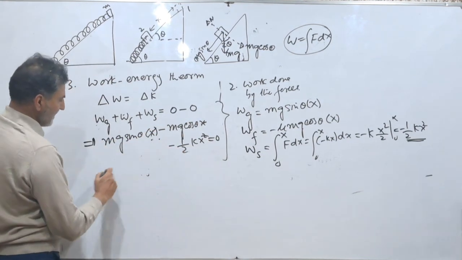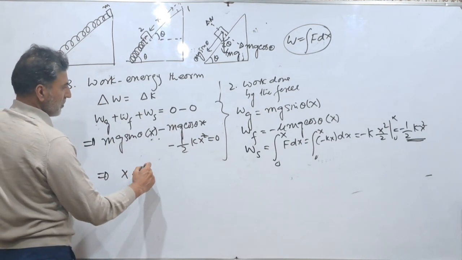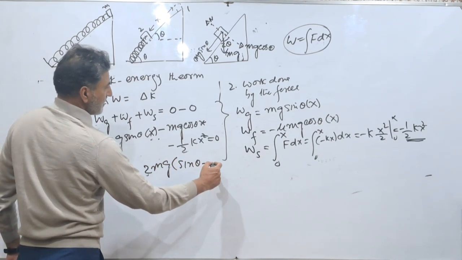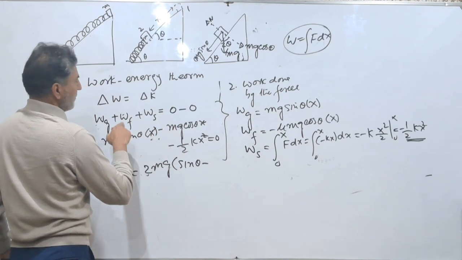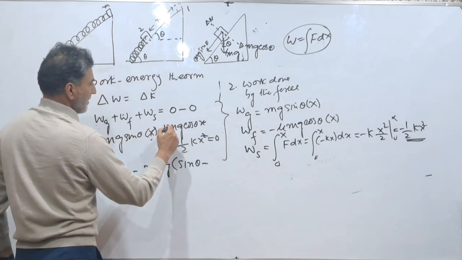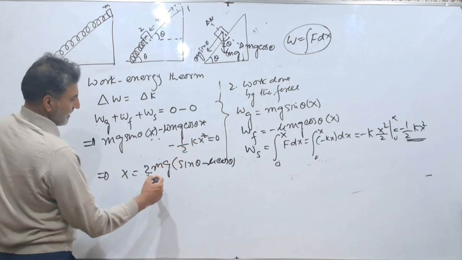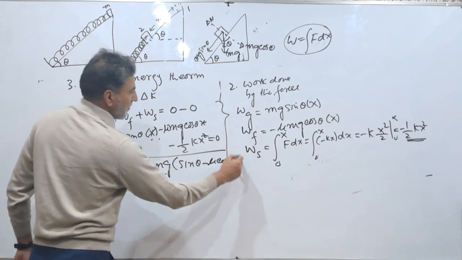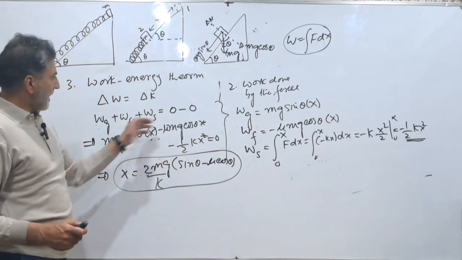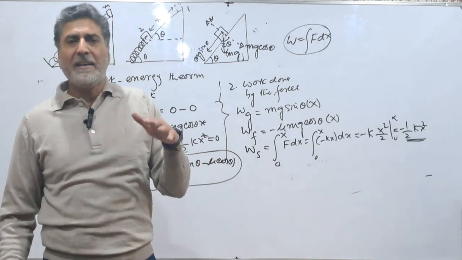Take it to the right side: x is equal to 2 times (mg sin theta minus mu mg cos theta) divided by k. That is the answer. Here, 2 gets multiplied and k gets divided. So this is the solution of this IIT advanced level problem.